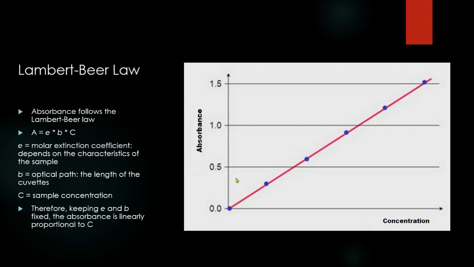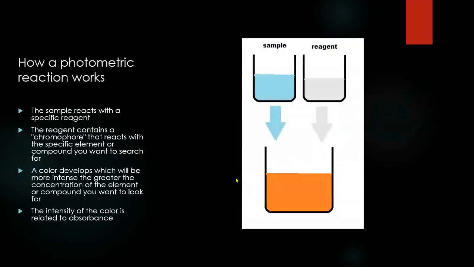We have to make the sample react with a specific reagent that reacts with the specific compounds we are looking for. For example, there is a specific reagent to measure iron, a specific reagent to measure nitrogen ammonia, and a specific reagent to measure nitrate, and so on.